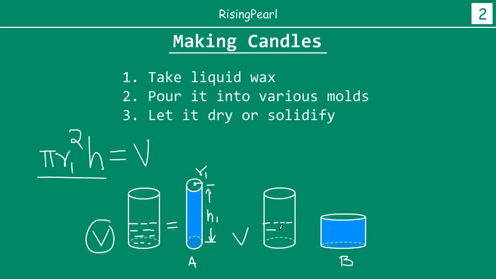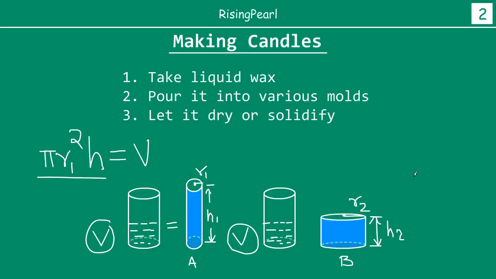Similarly, as you can imagine here, this was a starting volume, and let's say, because we said this was also V, but in this case we got a candle which is very differently looking in terms of shape and size. So let's say this radius is R2 and this height is H2.